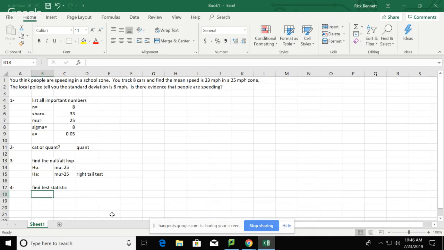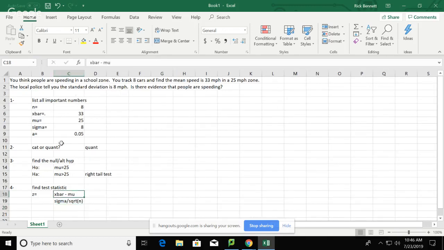What is the equation we're going to use? Z equals X bar minus mu over sigma over the square root of n. And then I'm going to underline this so that it looks like a fraction.